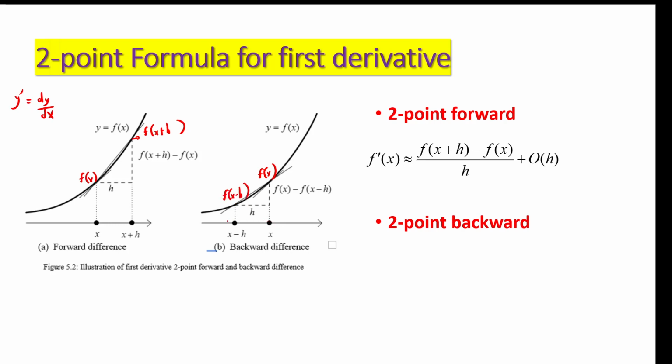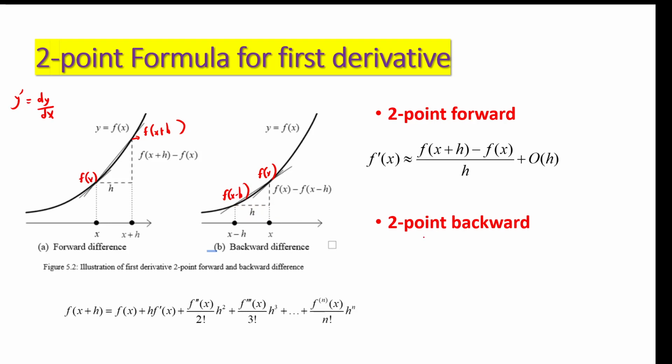It is backward because it is at the back of your current point x, so this is x minus h. Similarly, the first derivative dy/dx represents the slope. So dy will be f(x) minus f(x minus h), and dx here is the increment h.